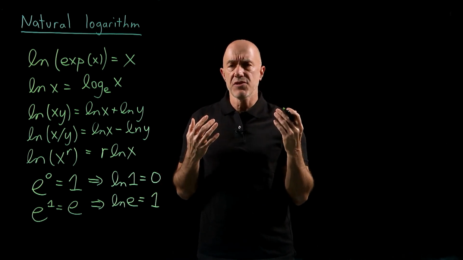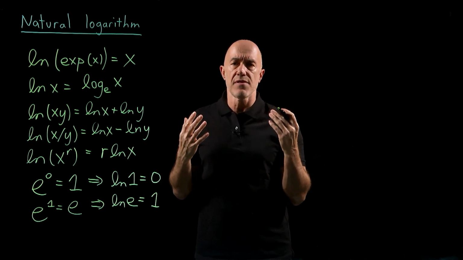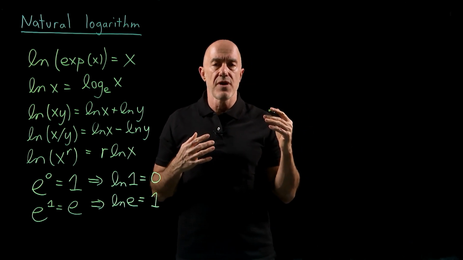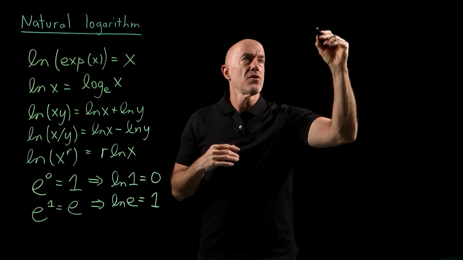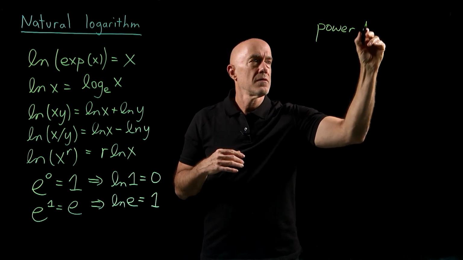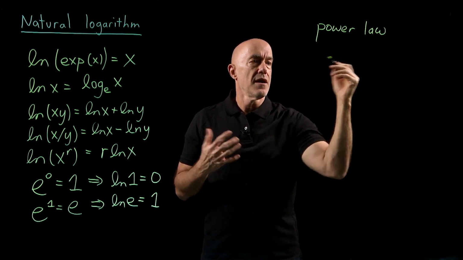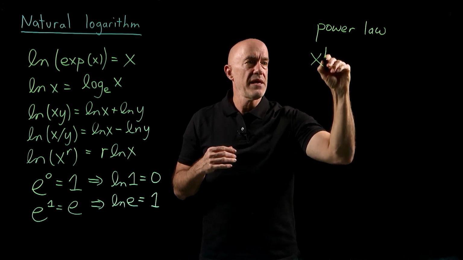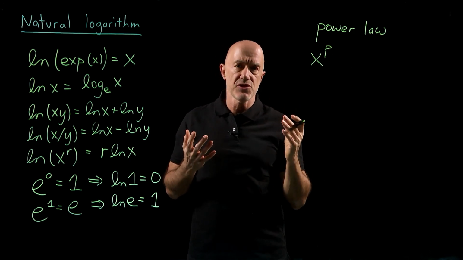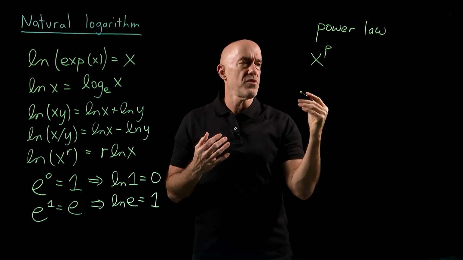Together, the exponential function and the natural logarithm allow us to define x raised to any real power. So the power law, x to the p. Now we're not only talking about p being an integer, but p can be any real number.